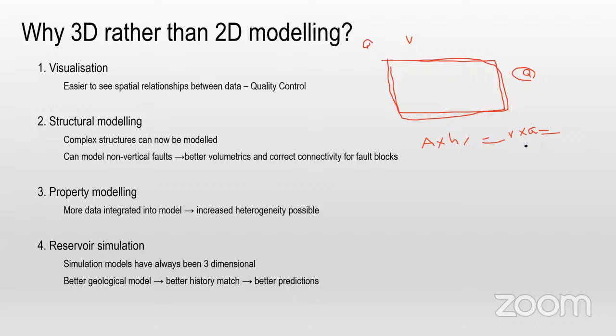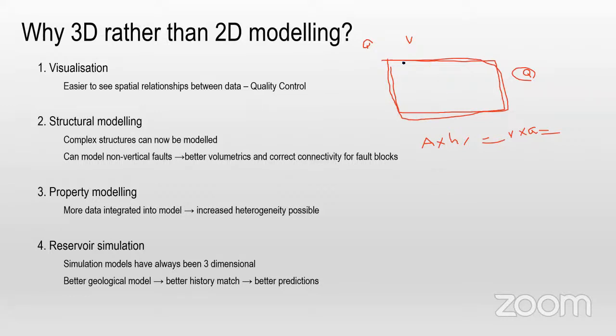But why do we use 3D instead of 2D? Because in 3D, we can more easily find the spatial relation of the data. If you have a 3D model, you can find the trend of the porosity in different parts of the reservoir, not just in 2D.